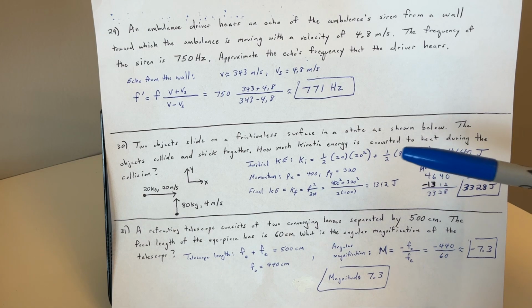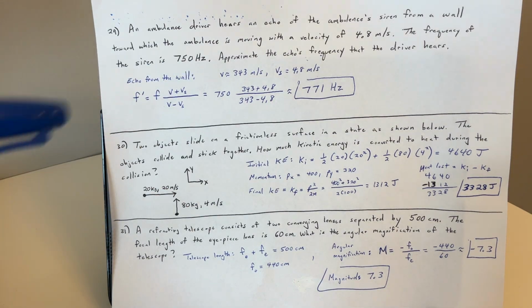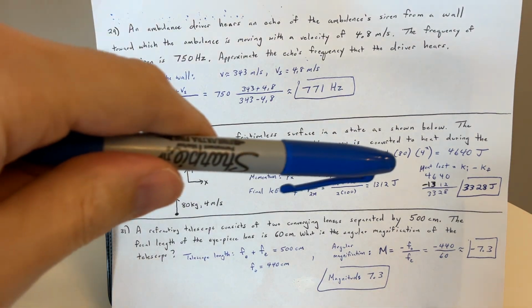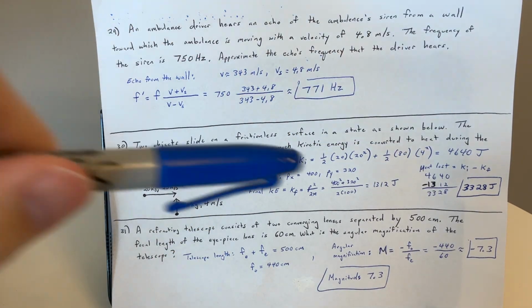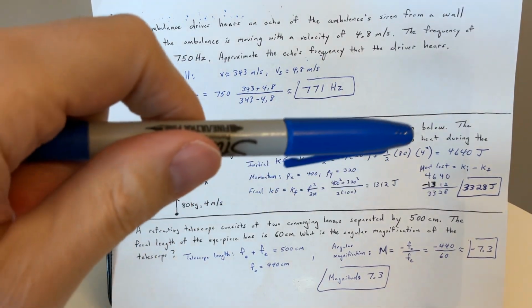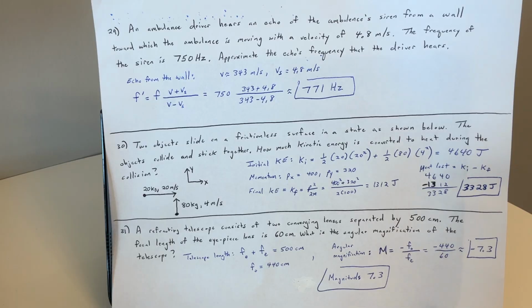So we're being asked how much kinetic energy is converted to heat during the collision. So the heat lost is going to be K sub I minus K sub F. So it's 4640 minus 1312, and we're going to get 3,328 joules.